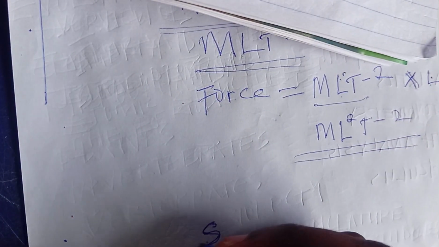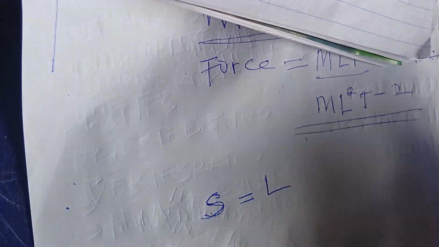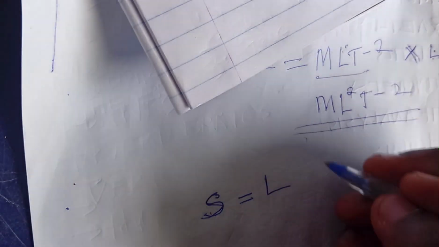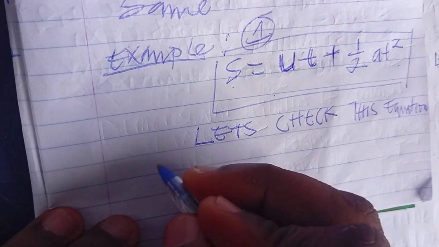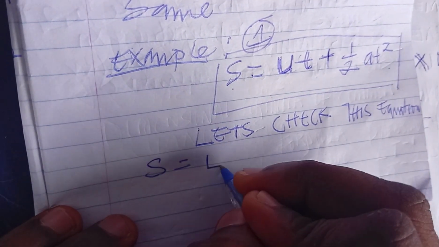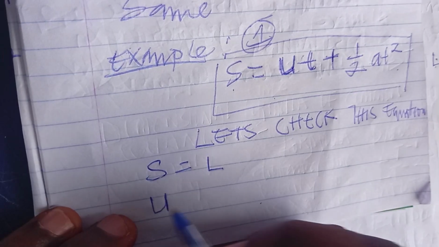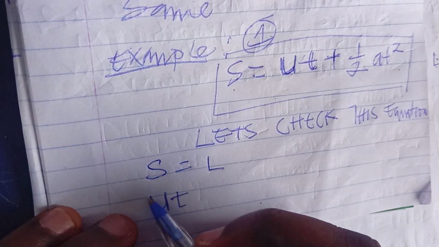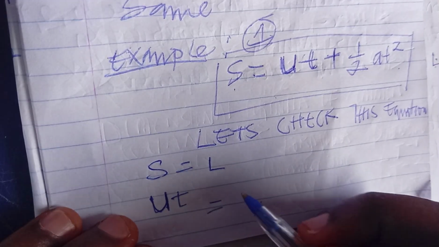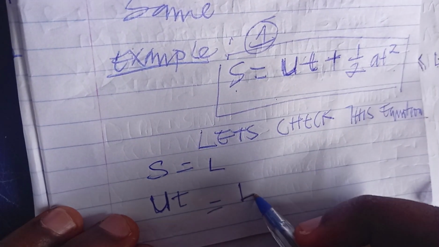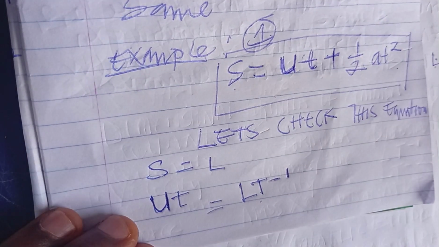Remember that S is length, that's distance. Good. Then UT. U is our velocity, right? And velocity is LT^-1, right?